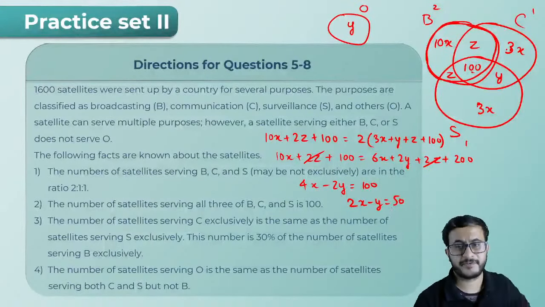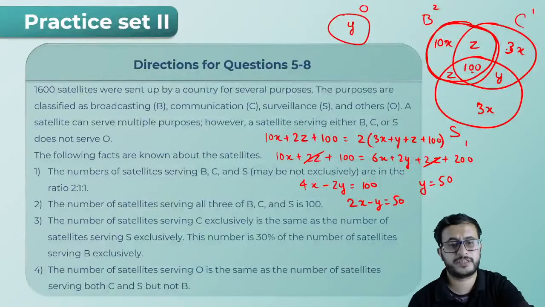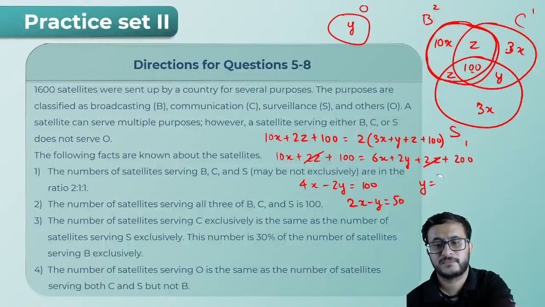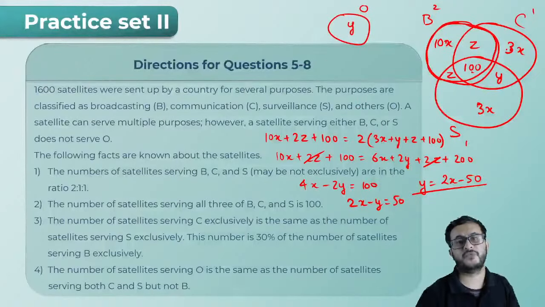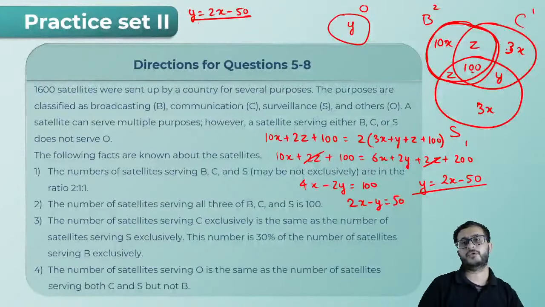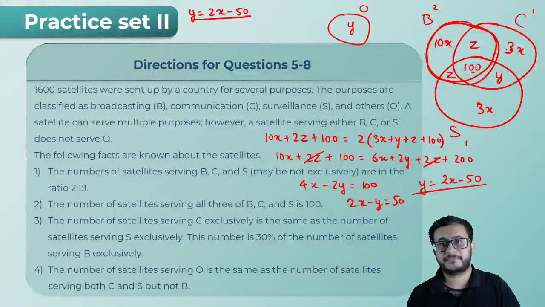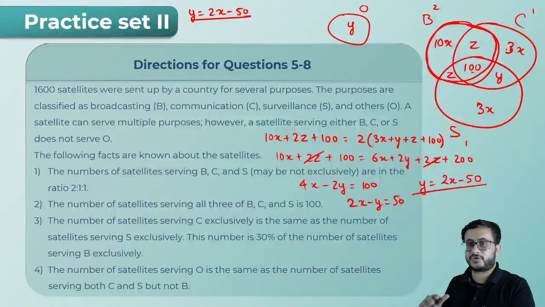So 2x minus y is 50, and you can say y is equal to 2x minus 50. This was a question on maximization and minimization. So y is 2x minus 50. Now, second thing, let us put y equal to 2x minus 50 and solve this.